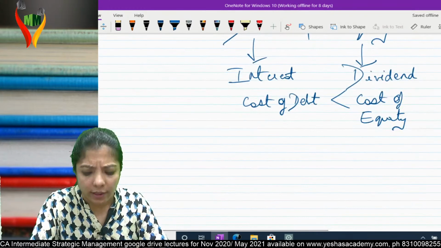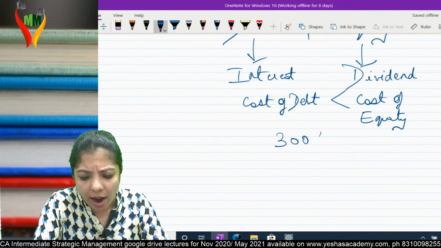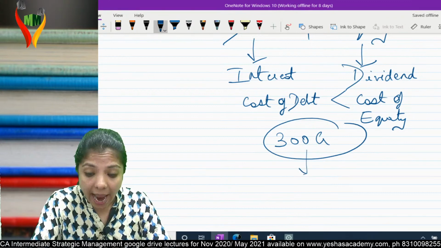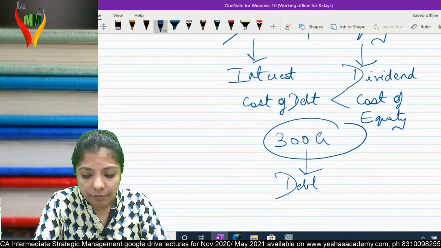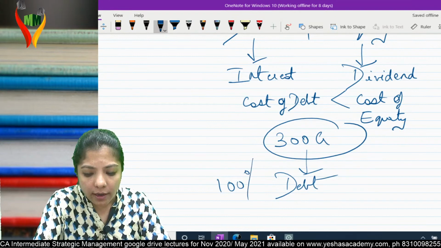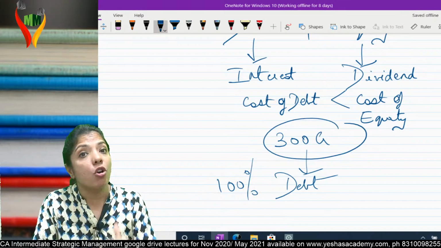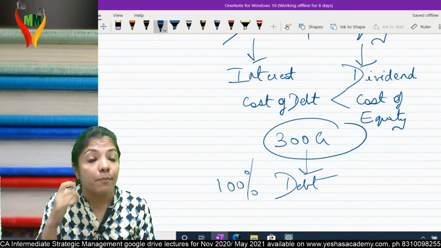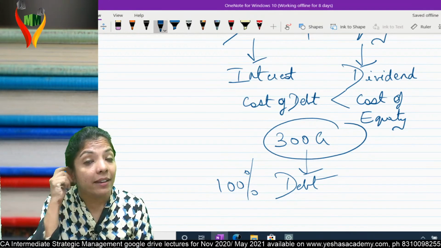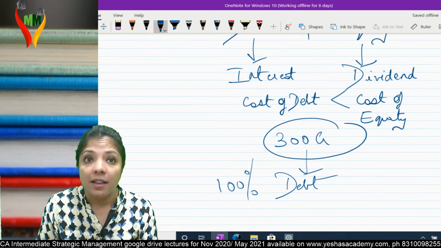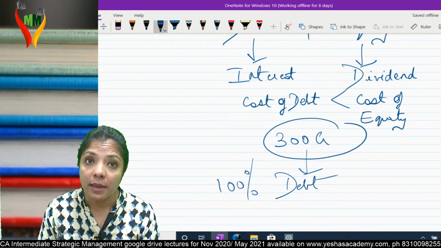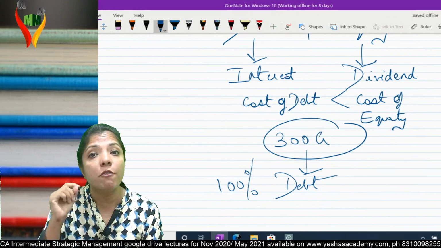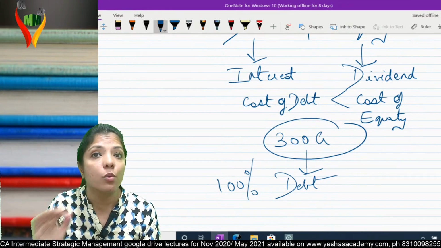So let me do one thing now. Suppose I want 300 crore. This is my requirement. Should I go for 100% debt? Because cost of debt is less, right? The problem is, I agree the cost of debt is less than cost of equity, but in case of debt, you have to pay the interest irrespective of whether you earn or you don't earn.